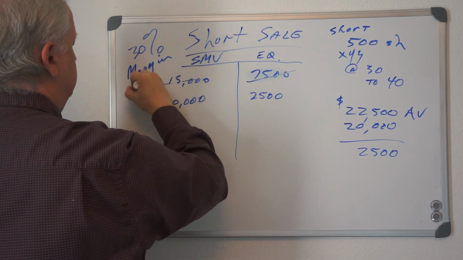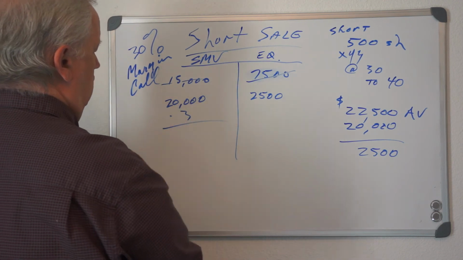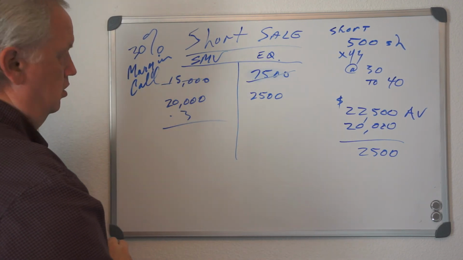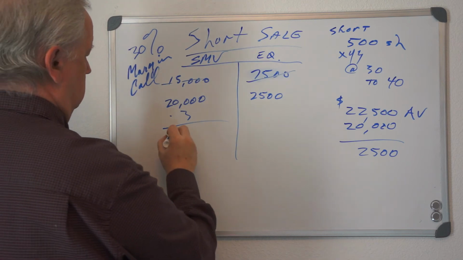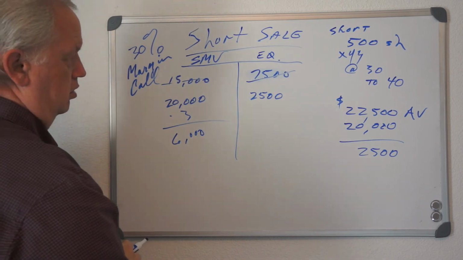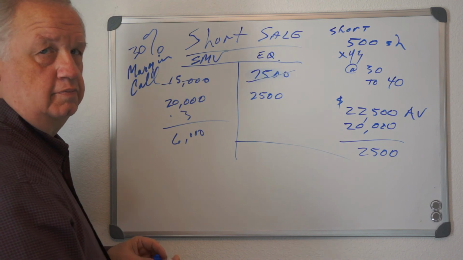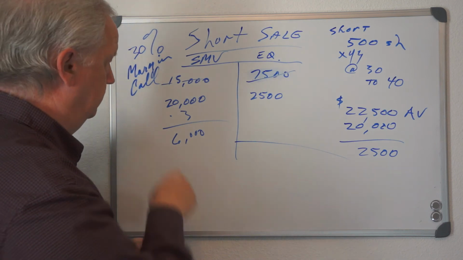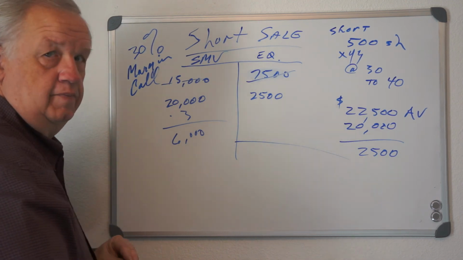You're going to get a margin call at 30%. You're in trouble. You got to pony up money. You don't have enough equity in there.